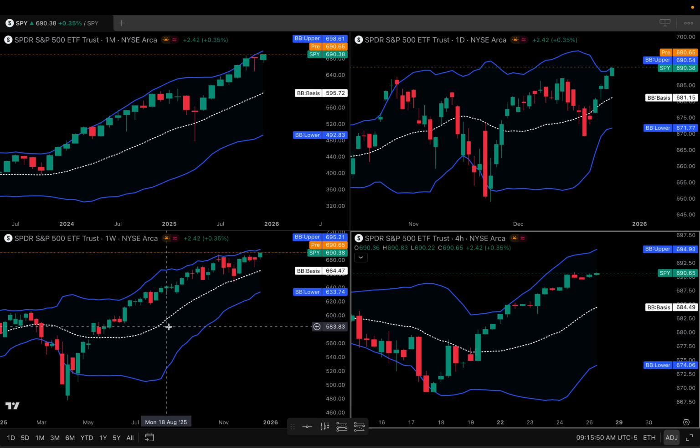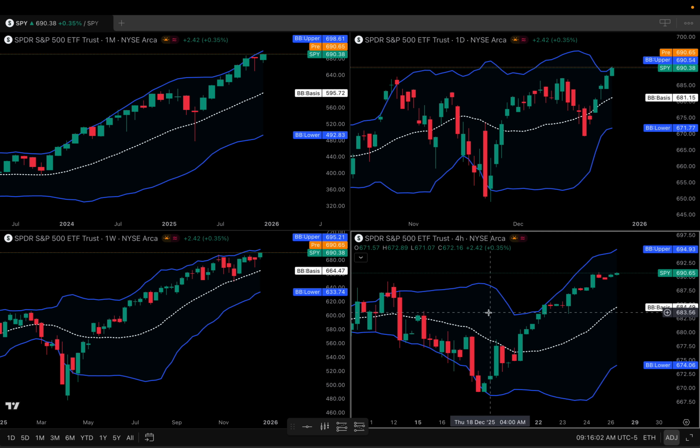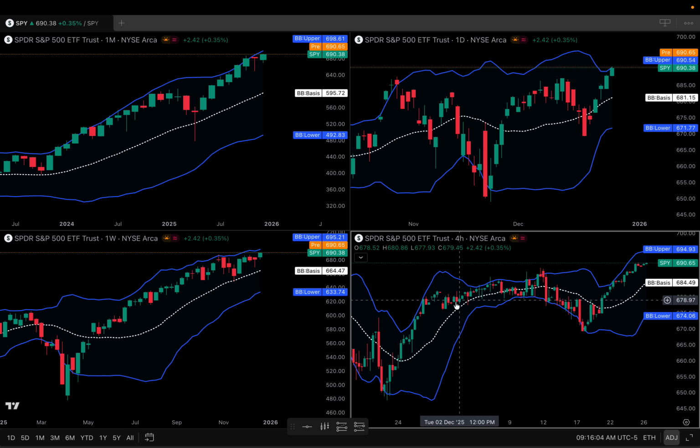I check the basis slope. Is it rising? Is it flat? Is it falling? I check if the bands are expanding or pinching, like over here. Pinching, then expanding.